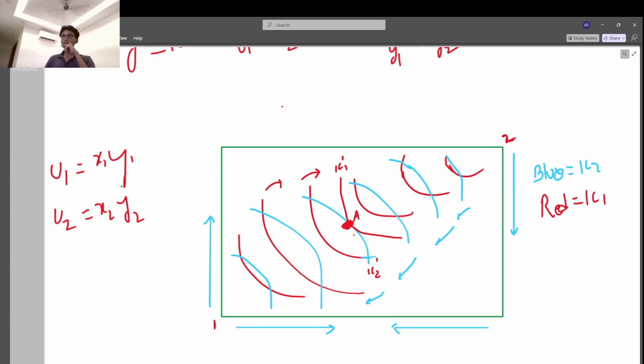Well, you cannot find an allocation like that, because if individual one moves to a higher IC, let's say here, individual two is attaining a utility level that is lower than the one he is already in. So individual two is obviously worse off than he was. The idea of better off and worse off is really just basic.